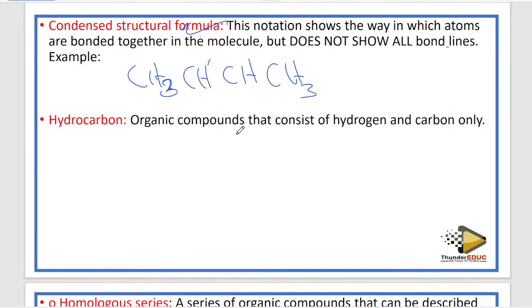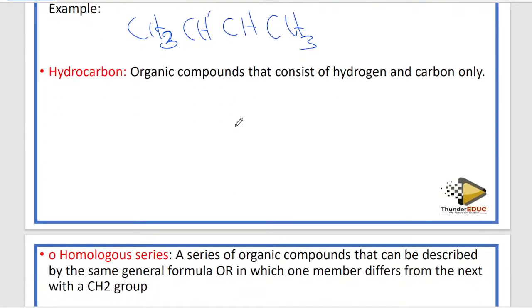Let's go to the next question. Hydrocarbons. What do you mean by hydrocarbons? We said that hydrocarbons are molecules which contain hydrogen and carbon only. When we are setting the exam, we need to see the word only.